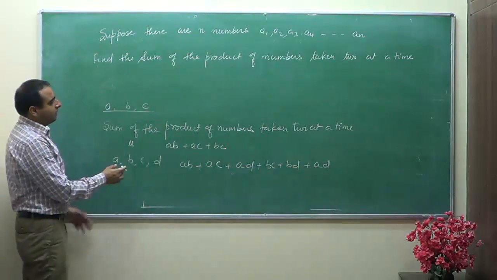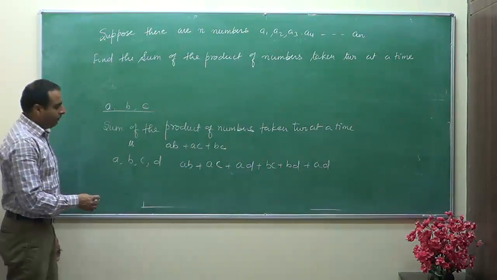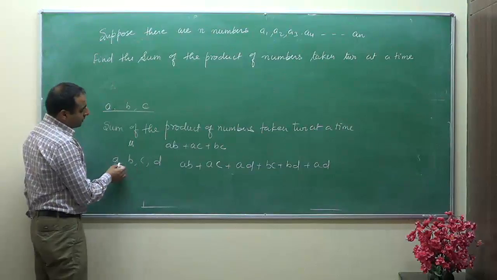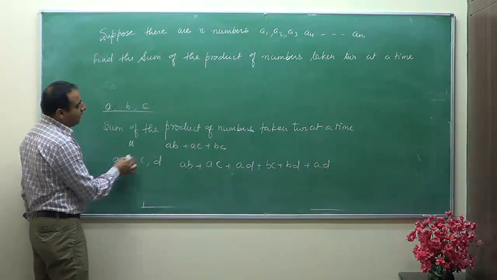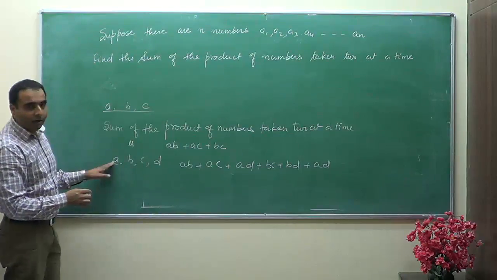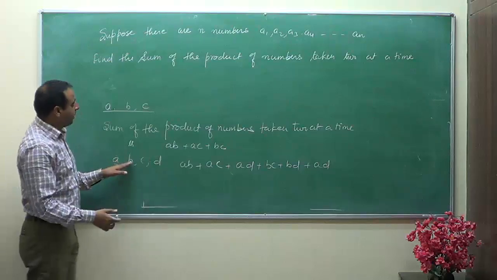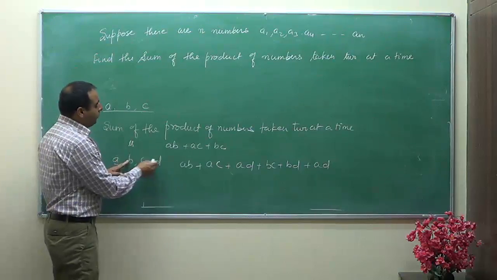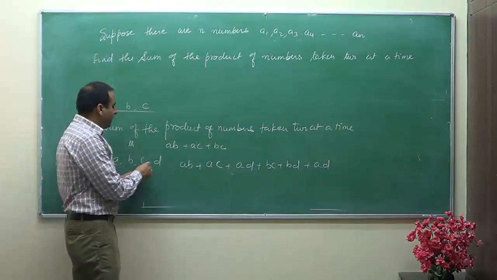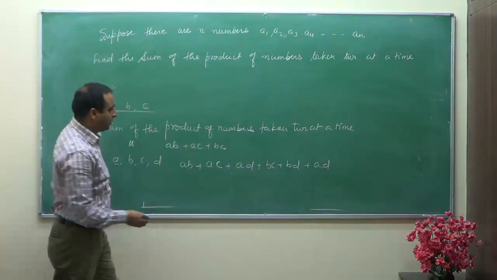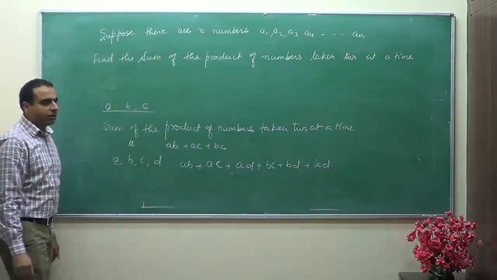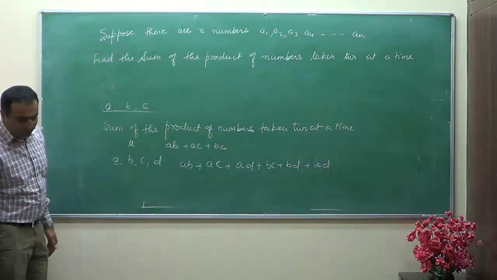So whenever we find it, pick the first term and make the combination with the other terms, such as ab, ac, ad, and add them. Now take b: bc, bd, since a is already used. And now take c: it is cd. So this is the sum of the product of numbers taken two at a time.